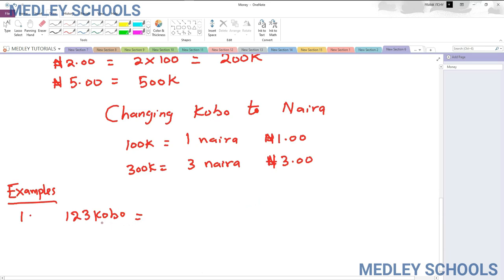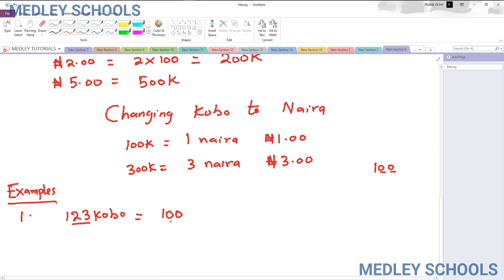So we have to look for the multiple of 100 that is there. Now, 100 always has 3 digits. So looking at your kobo given to you, you are going to pick out the 2 digits from the back, which is 23, and what you are left with is 1. So that means the multiple there is 100.